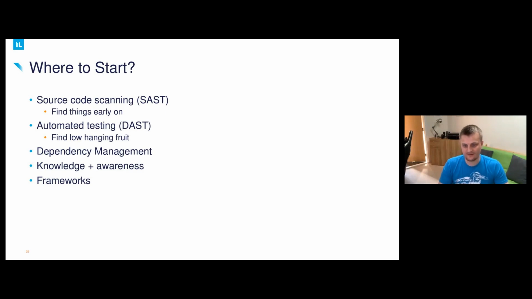There are things that a DAST, which is a dynamic application scanner, so scanning the web application for vulnerabilities, is not going to find, mostly things like access flaws. Automated tools are not going to know that, hey, this user shouldn't have access to this. That's where a human needs to step in.